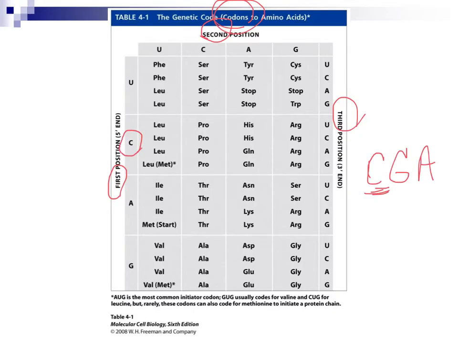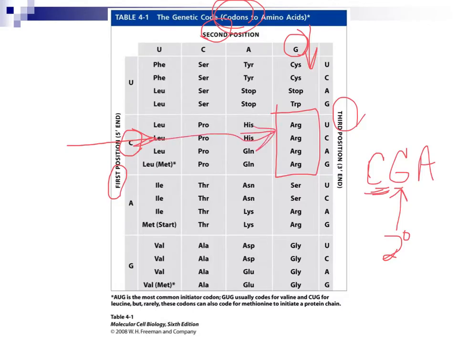Then that would mean that it would be in this row. Then under the second position, would be the G. So now you go to the G here, and that would mean this column. So where they intersect, that row and that column would be this particular box.